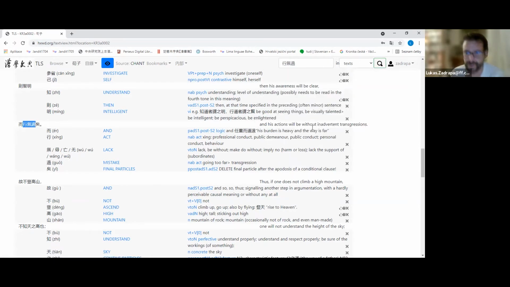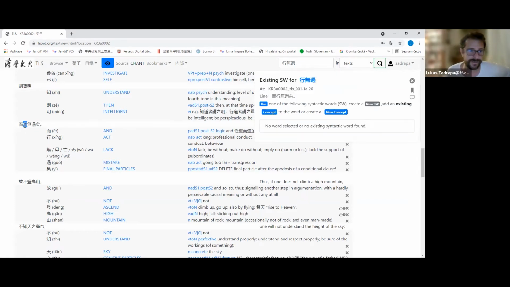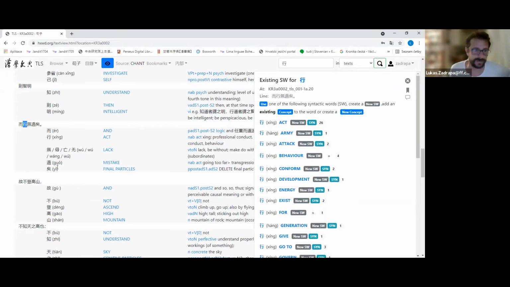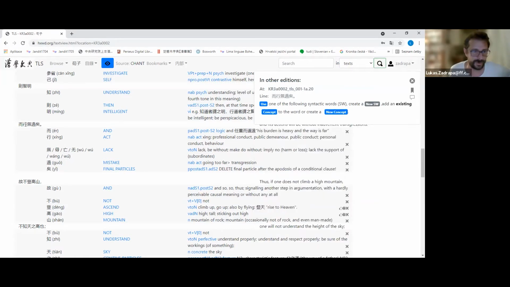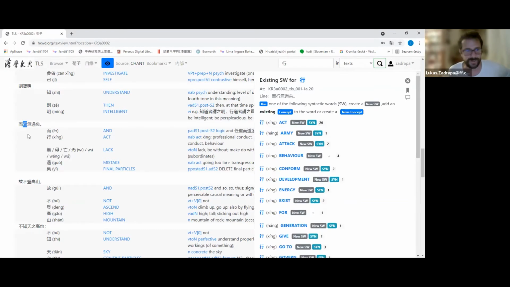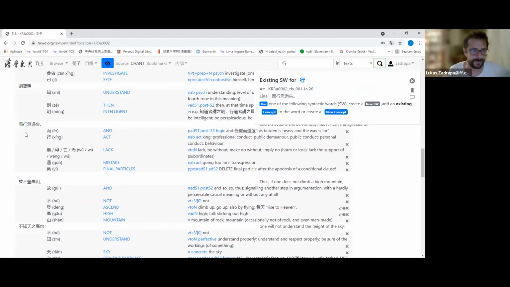Here we have another interesting sentence. "His actions will be without inadvertent transgression." So we have this word, and we can wonder whether it is to be read in the first tone, this behavior, or in the second tone. This would be, because it means behavior, and the other is not a term in itself, but would mean something like when behaving, or when doing things maybe.